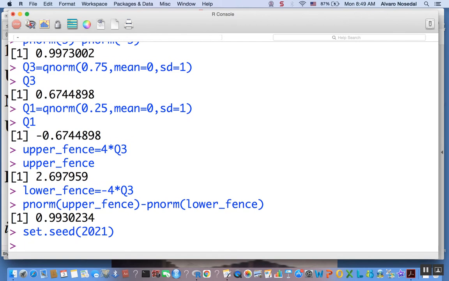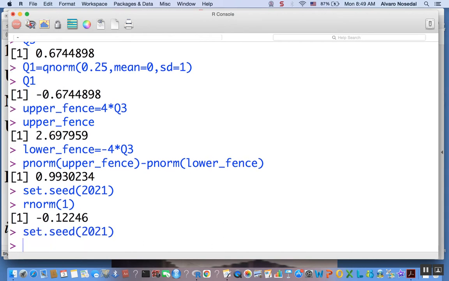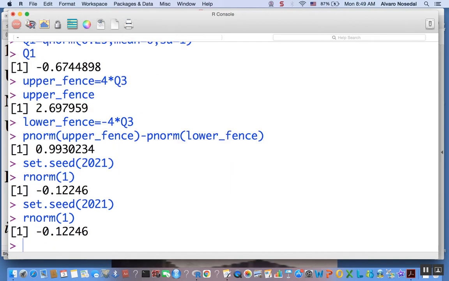So just let me show you something. If you do this and you generate just one random number from a normal, there you are. If I use this set seed, when I generate another random number, I get the same one. So this is in case you need to be able to reproduce your results.